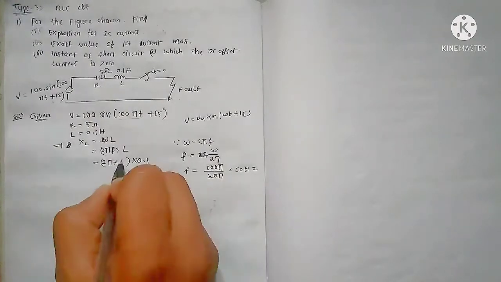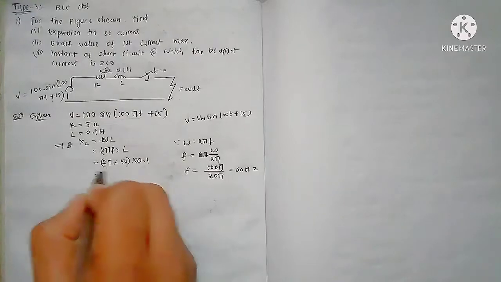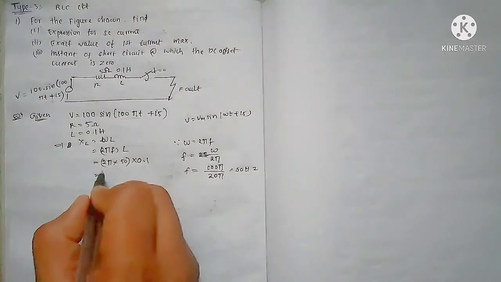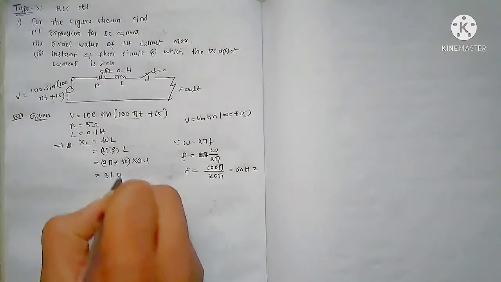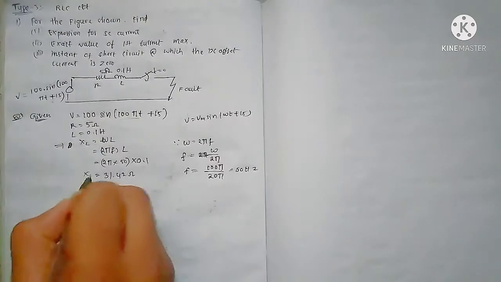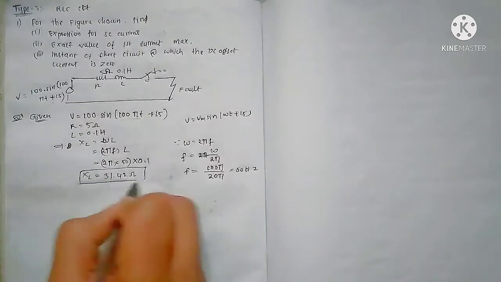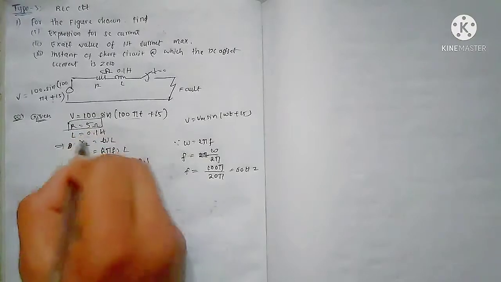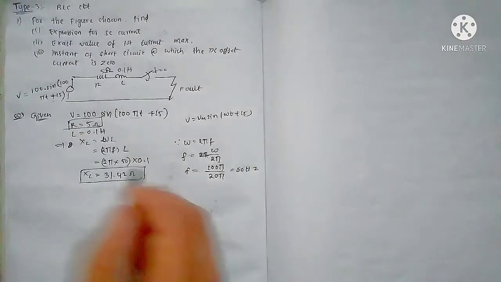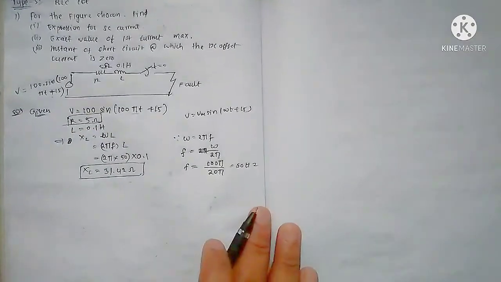After calculating XL, we get 31.42 ohms. We need to keep it in ohms.